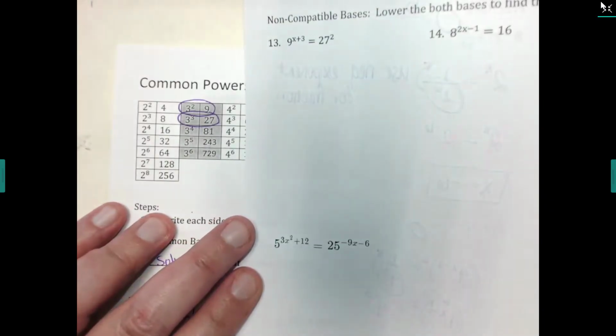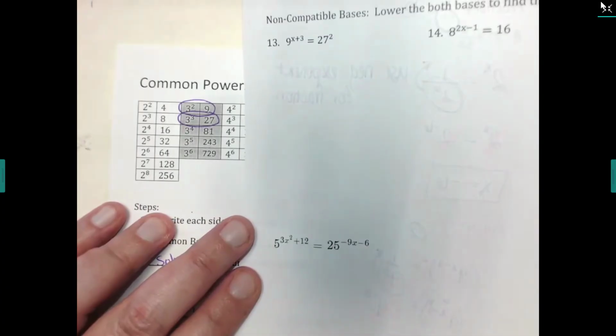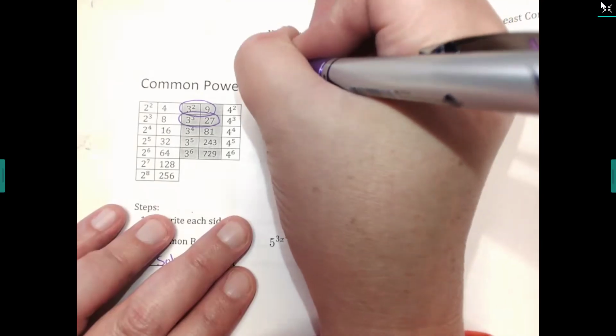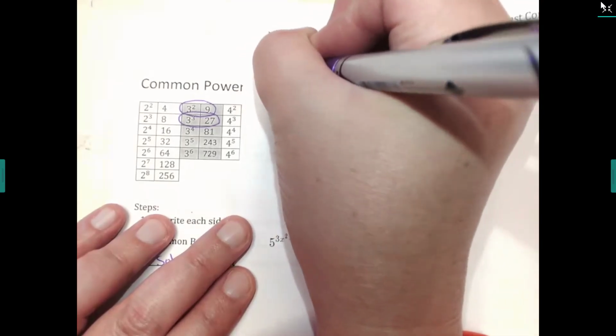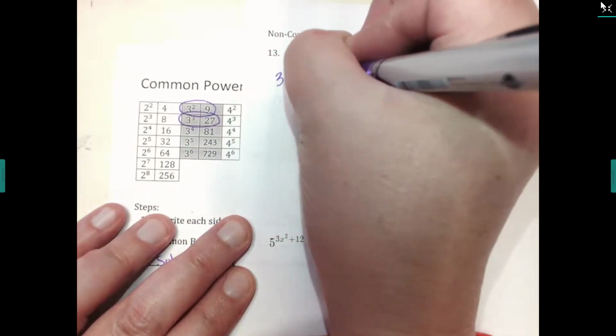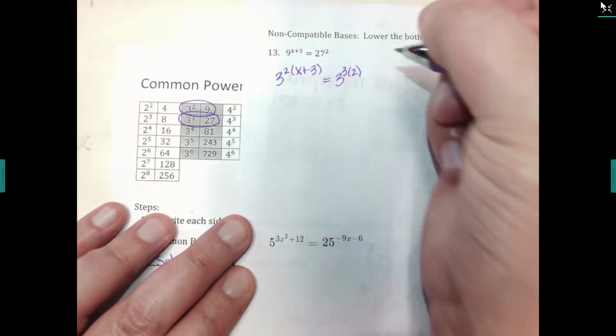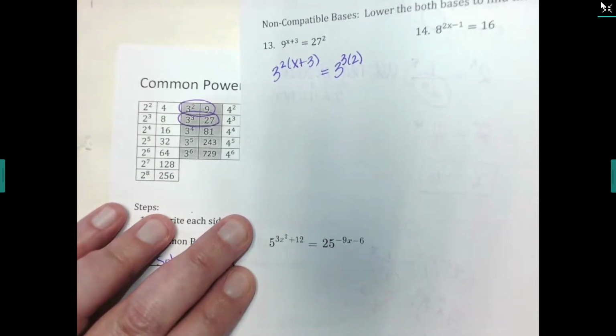So if you can't find big and little, then you're going to have to find both of them in a littler base. Okay. So my 9 is a 3 squared, original exponent in parentheses. My 27 is a 3 cubed, original exponent in parentheses. And then we're ready to solve.